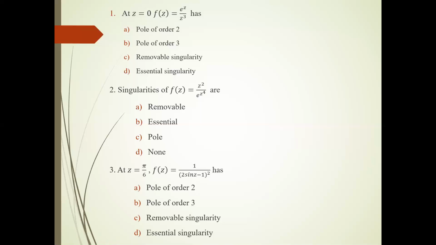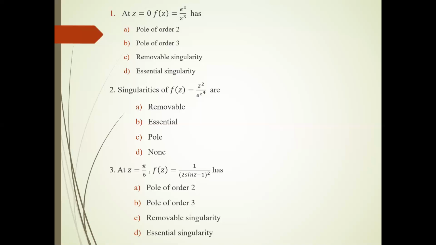Apply L'Hospital's rule: take the derivative of the numerator and of the denominator. We get limit z tends to pi by 6 of 2(z minus pi by 6) upon 2 into (2 sin z minus 1) into 2 cos z. Again applying the limit, we get 0 by 0, again indeterminate. Apply the rule again.